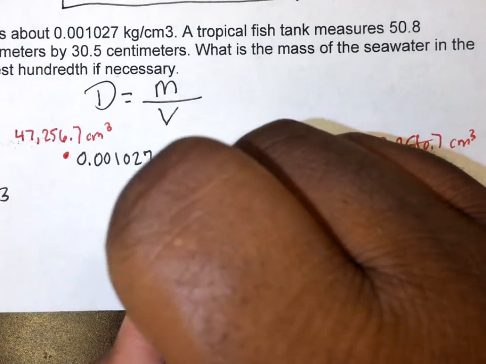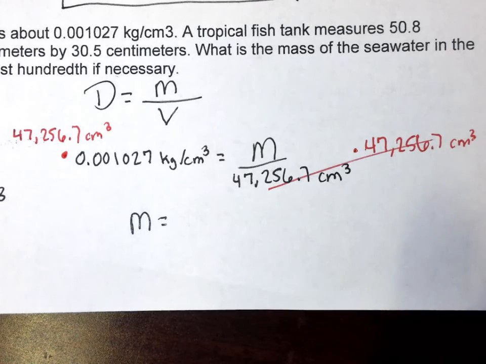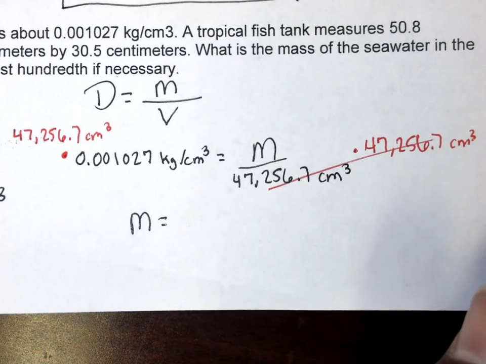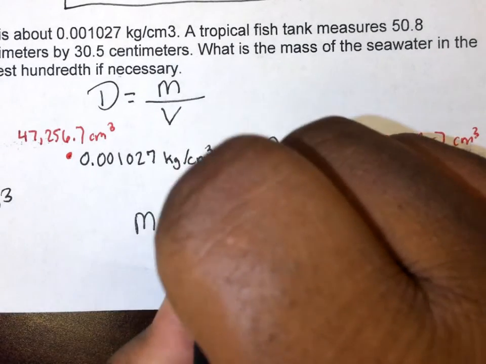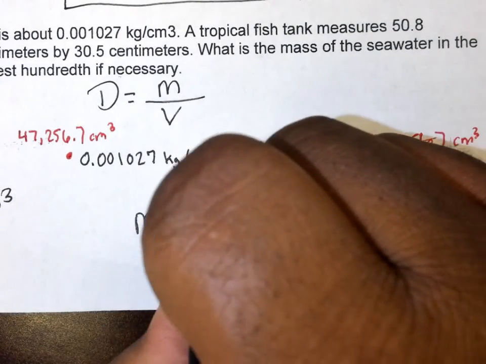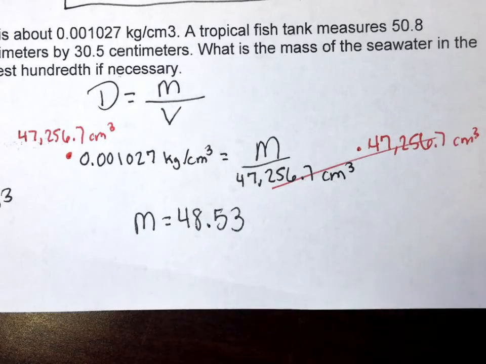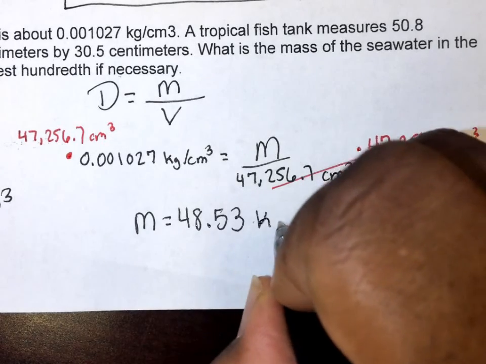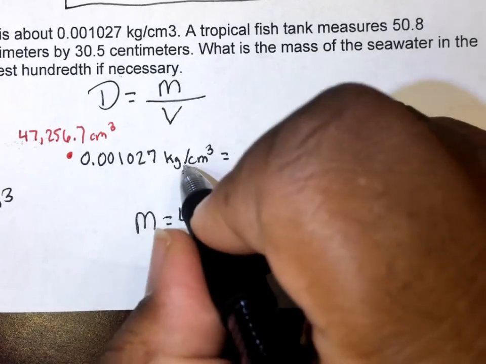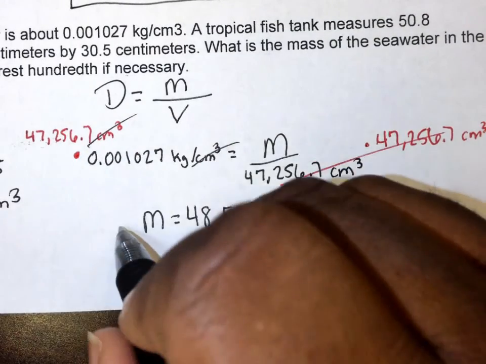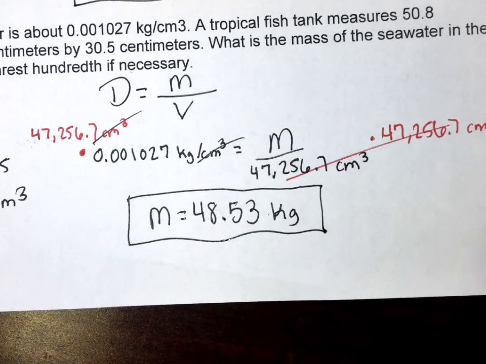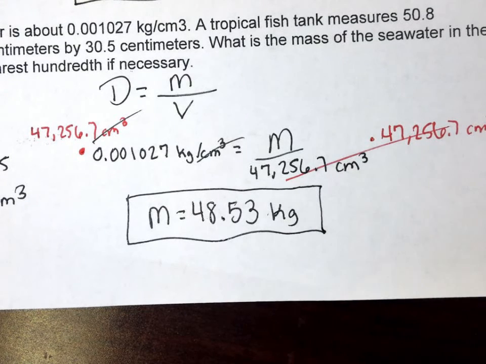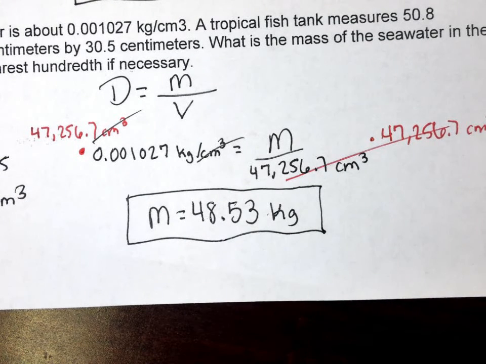And then I get what my mass equals. To the nearest hundredths? 48.53. This is kilograms, because the centimeters cubed are going to cancel off.